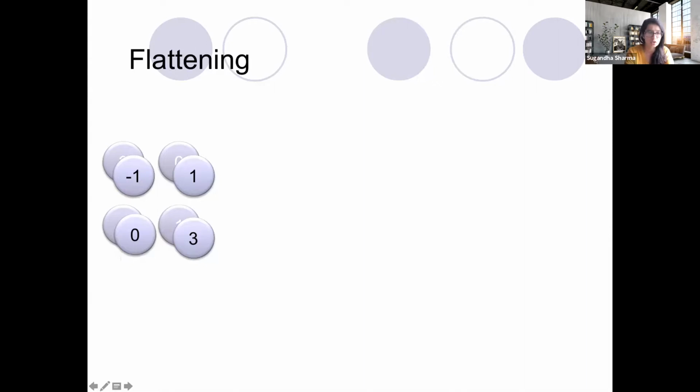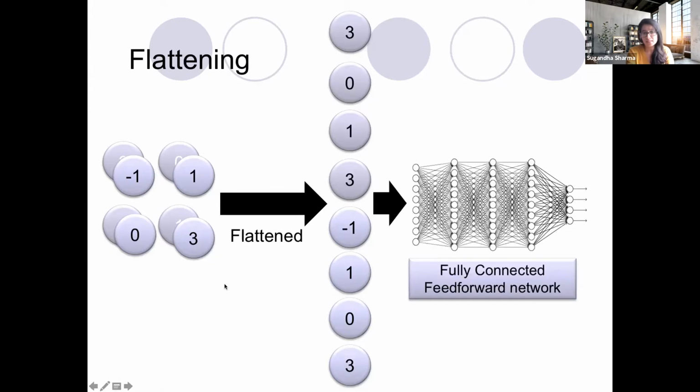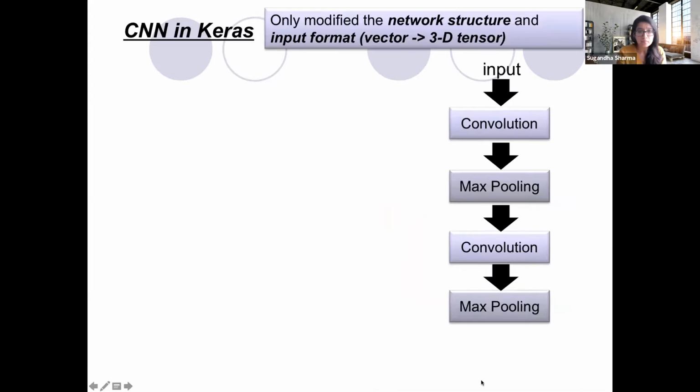So we have this feature map as the output. And how does flattening work? We just flatten these into one long vector. And then we pass this long vector through a bunch of fully connected layers. Usually we just use 2 fully connected layers. So on the whole, this is the pipeline, right?